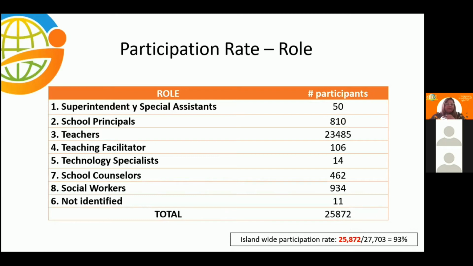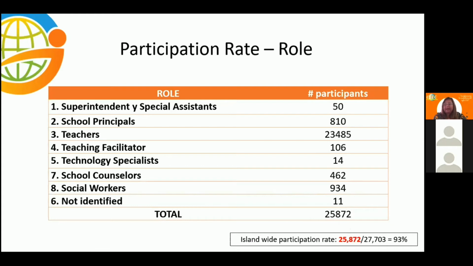The participation was distributed mostly, as you can see, with 23,000 of the participants being teachers, followed by social workers, at 934 participants, and school principals, at 810.